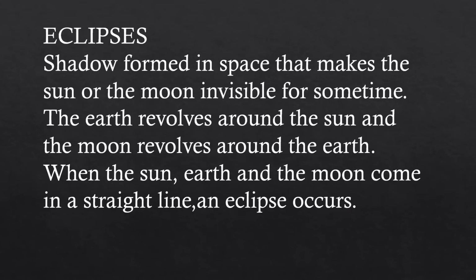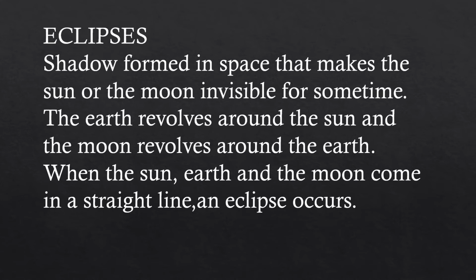Eclipse. An eclipse is a shadow formed in space that makes the sun or the moon invisible for some time. You have learned that the sun is a star and is fixed in position.